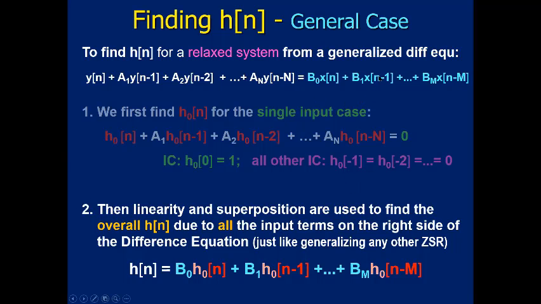Any operations that are shown on the right side of the equation, if we multiply x sub n by b0, we'll multiply the single input case unit sample response by the same b0. If we take x and delay it by 1 and multiply it by b1, we'll take h0 of n and delay it by 1 and multiply it by b1, and so on. We'll apply linearity and shift invariance to our single input case response to make it the response of the general system.